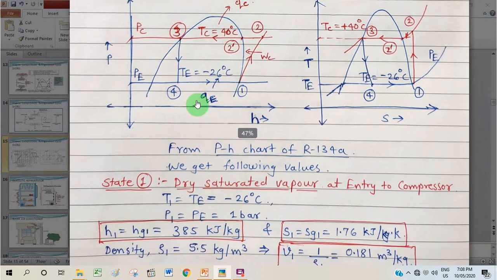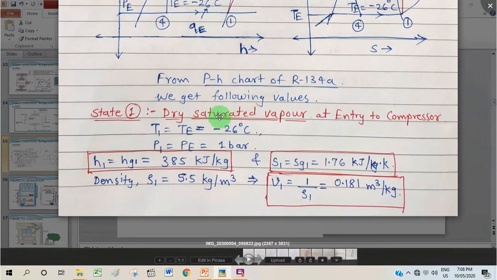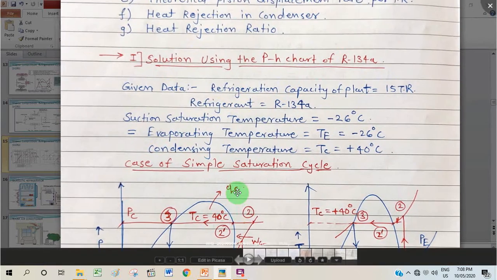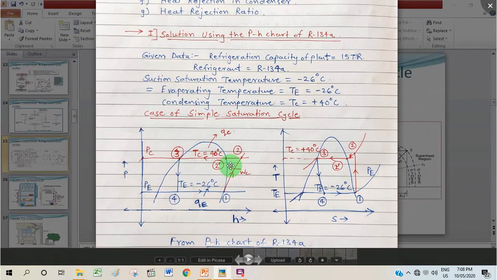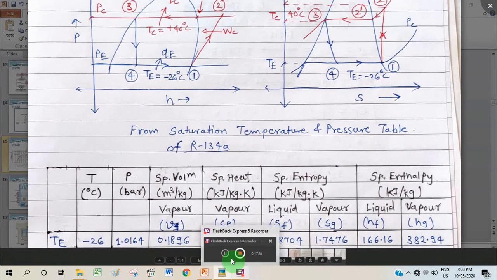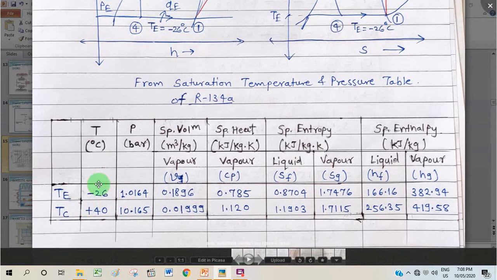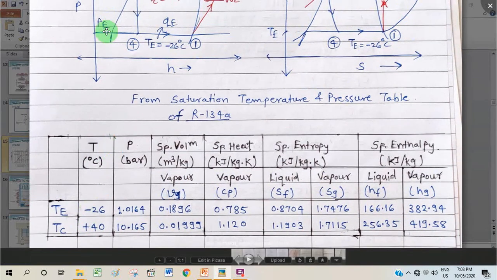So for this point, saturated liquid condition at minus 26 degrees Celsius, we can read it out from the table. At this temperature, come to minus 26 degrees Celsius and read the saturated liquid enthalpy, which is 166.16, and the saturated vapor enthalpy is nothing but H1, that is 382.94.